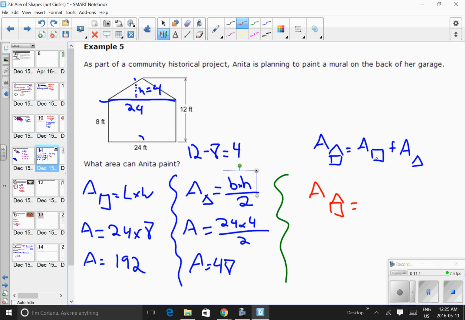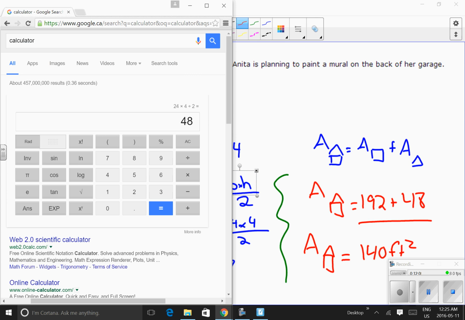So the area of the rectangle, that was 192, plus the area of my triangle, which is 48. So my total area of this composite shape is simply 140 feet squared.